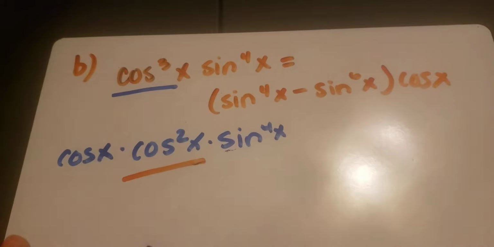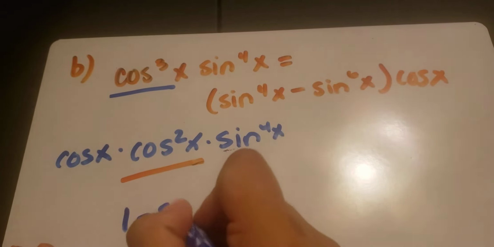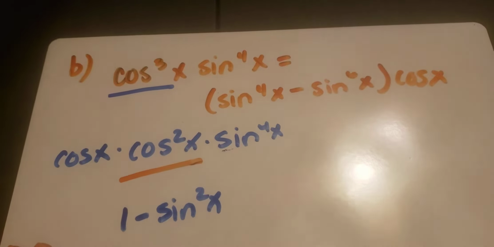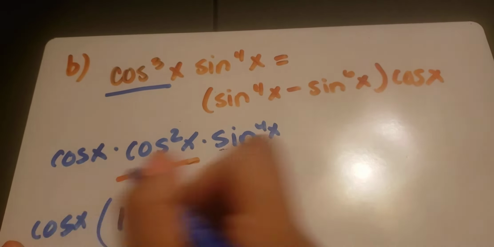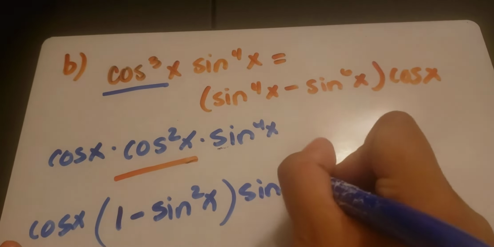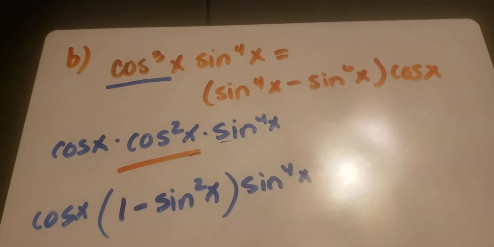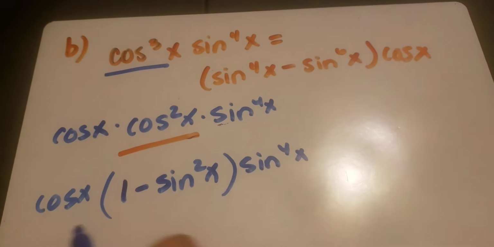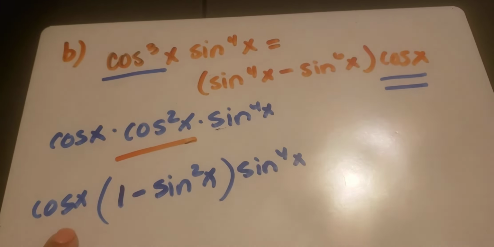So if I rewrite this, this will give me 1 minus sine squared of x, okay? And then I'm going to keep my cosine of x, and I'm going to keep my sine fourth of x, okay? Since I only want one cosine of x, I'm not going to do anything with this. I want to keep those the same. So I'm just going to leave that here.